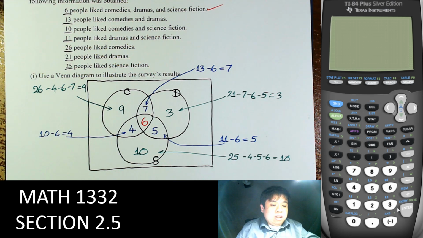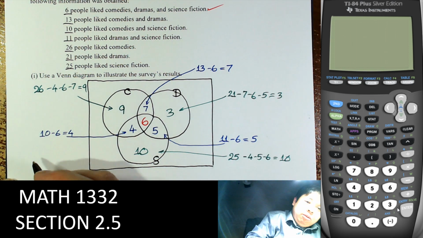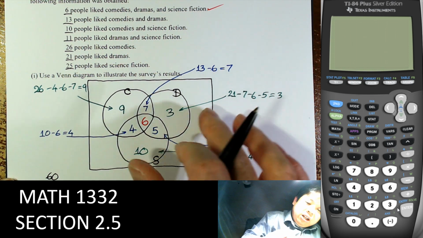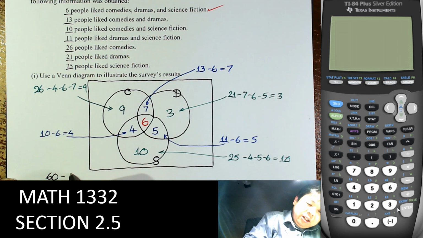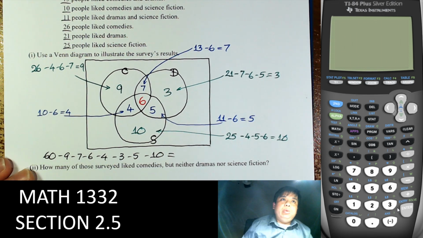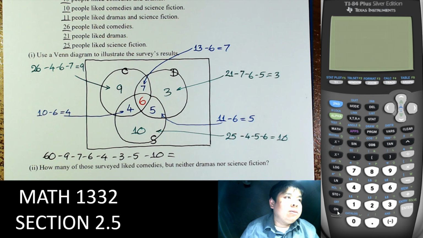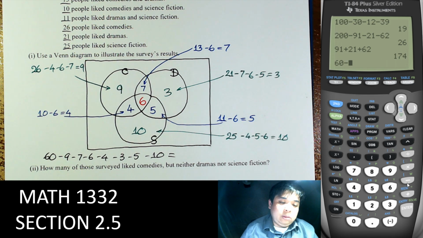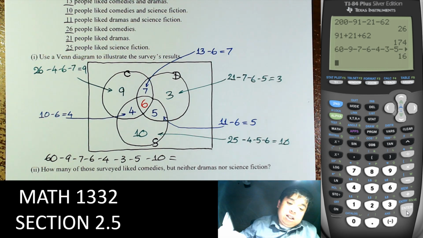And finally, of the 60 people that were asked, we have to subtract all of these numbers that we see here. So we do that, and we have 16.